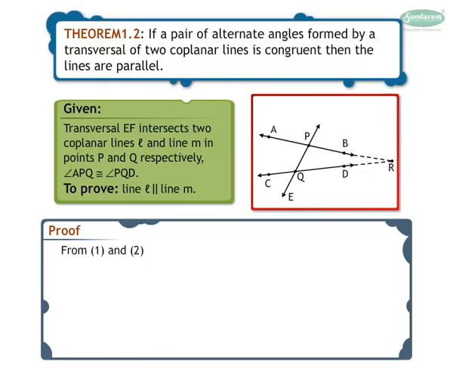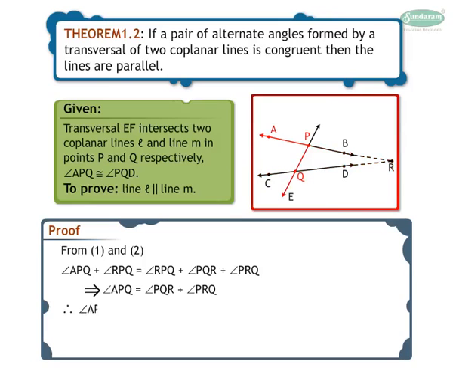From 1 and 2, angle APQ plus angle RPQ will be equal to angle RPQ plus angle PQR plus angle PRQ. As the right-hand sides of the 2 equations are the same, so are the left-hand sides.